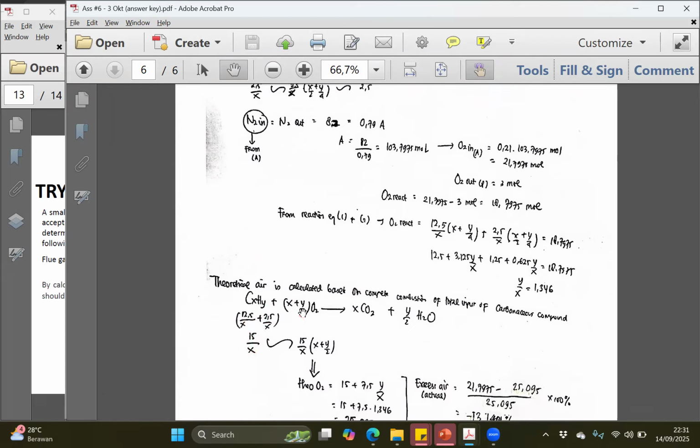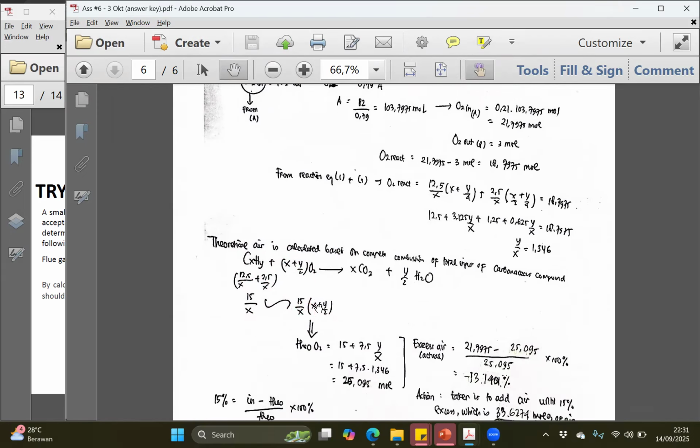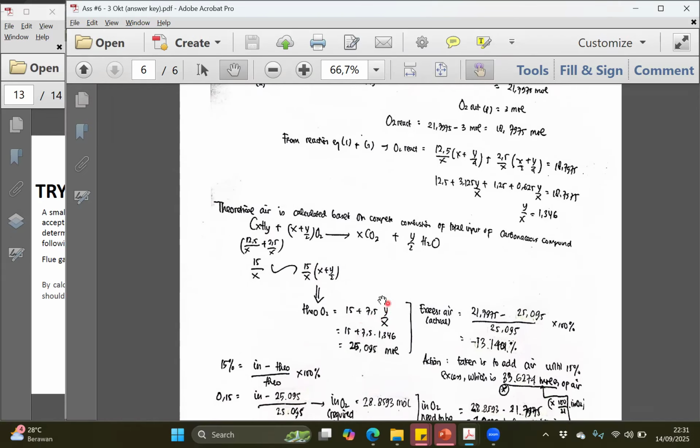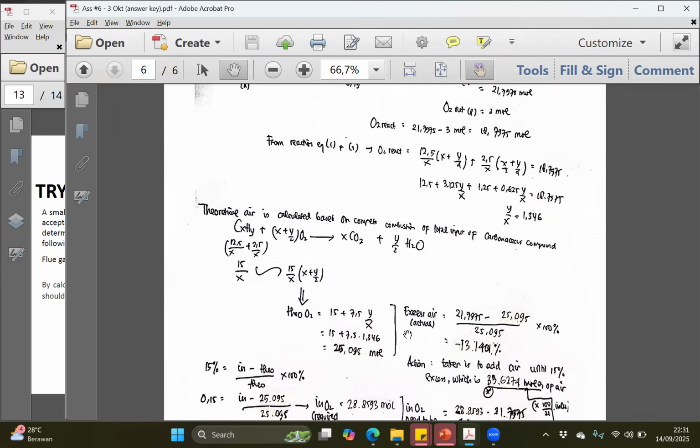Using the comparison of the coefficients, I can find the theoretical oxygen, which is 15 over x times x plus y over 2. I know y over x from the previous calculation, so I substitute the number into the equation. Then the theoretical oxygen is 25.095 moles.